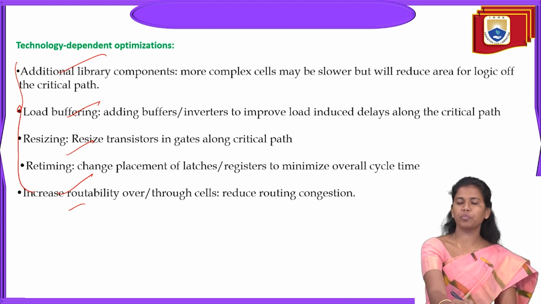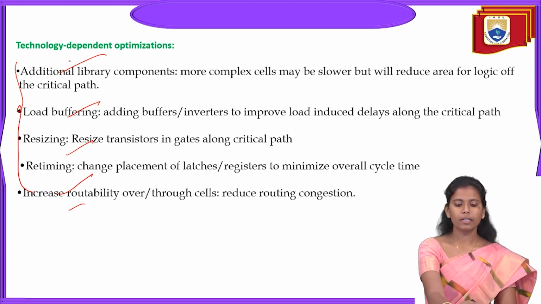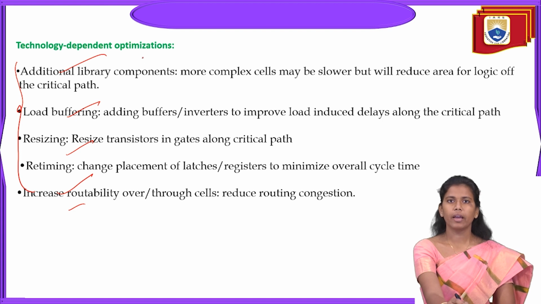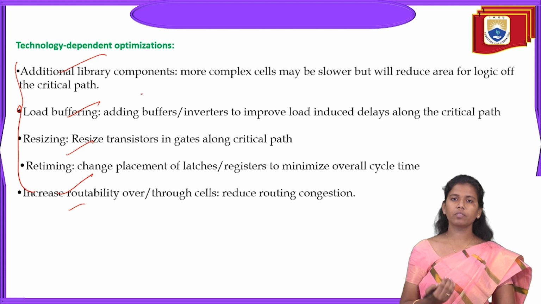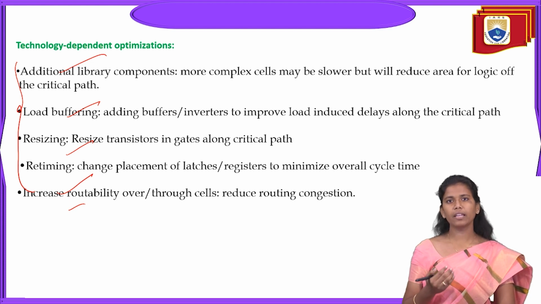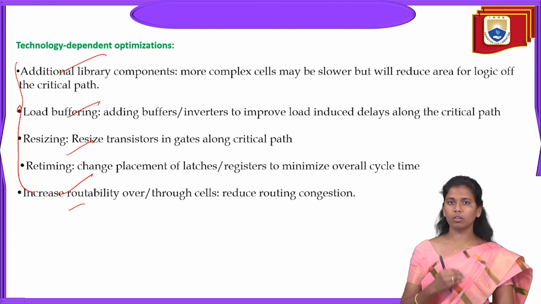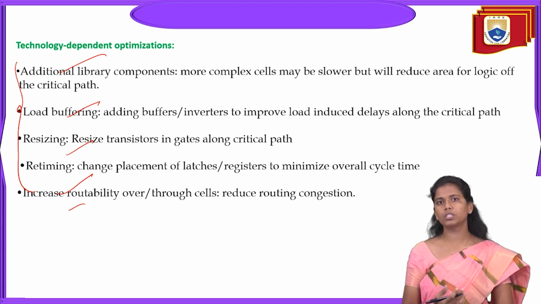All these specifications are seen under technology dependent optimization. Technology independent optimization is about reducing the number of states, and the speed and area constraints as well. Being a designer, it depends on us which option we opt for, whether technology dependent or technology independent.